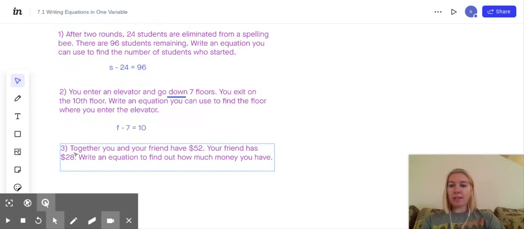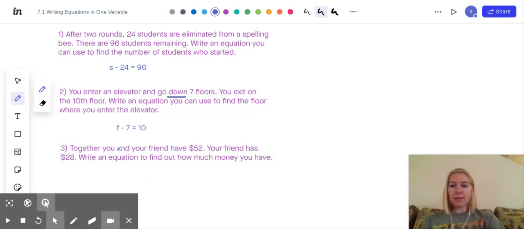Okay, number 3. Together, you and your friend have $52. Ooh, and that's usually kind of a key word sometimes, right? And usually means adding. Let's see if that works out. So together you and your friend have $52. Your friend has $28. Write an equation to find out how much money you have.